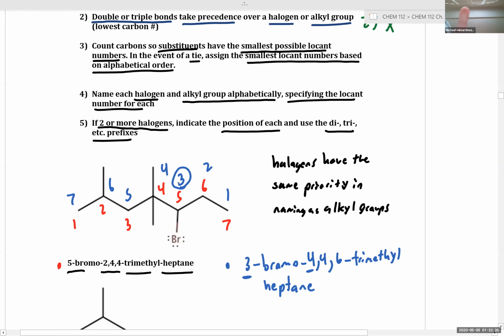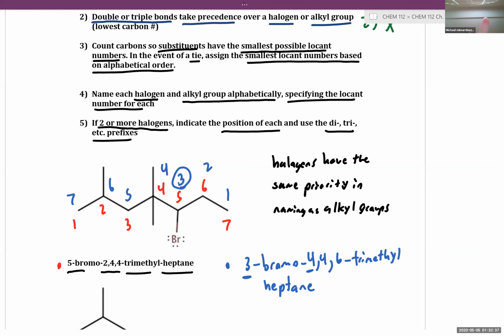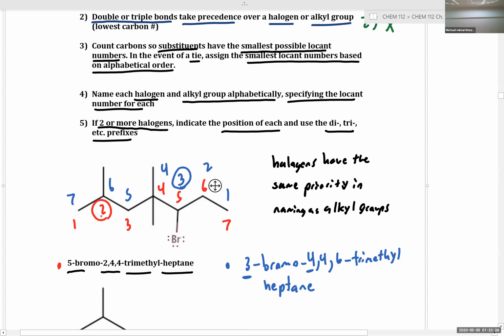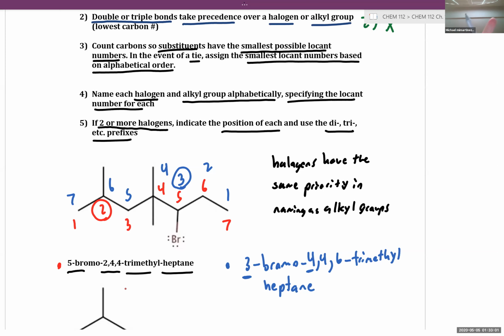The 3 observed in blue or the 2 observed in red? Which numbering method is preferred, blue or red? Which numbering method gives us the smallest overall from start to finish locant number? The smallest from start to finish locant number. So if we compare our first locant number, red gives us the smaller locant number, so red is preferred.